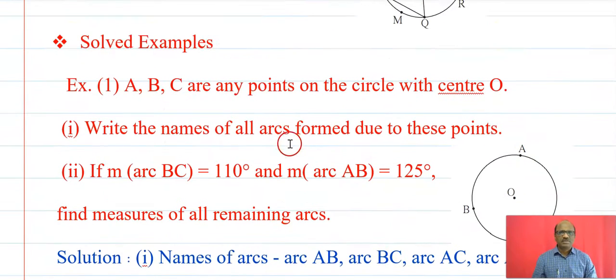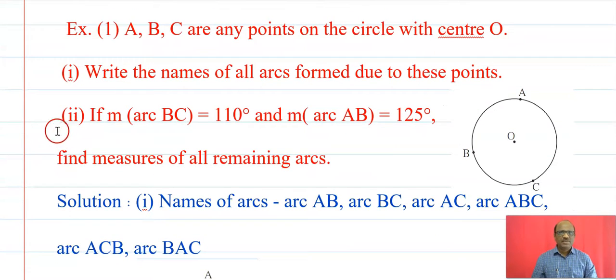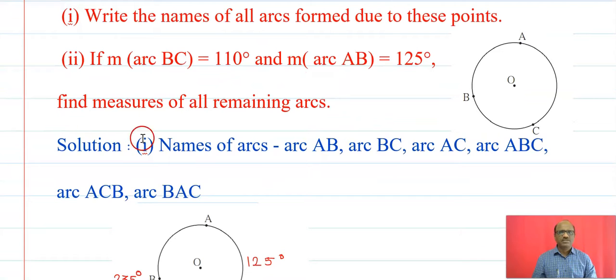Now a short example, example number 1. A, B, C are any points on the circle with center O. Write the names of all arcs formed due to these points. If the measure of arc BC is 110 and the measure of arc AB is 125, find the measures of all remaining arcs.